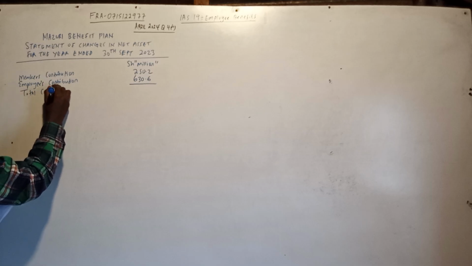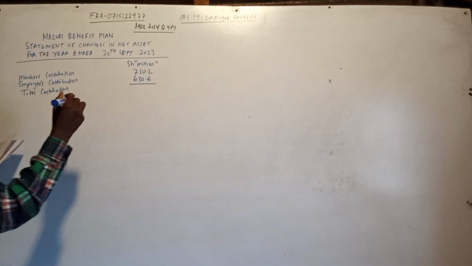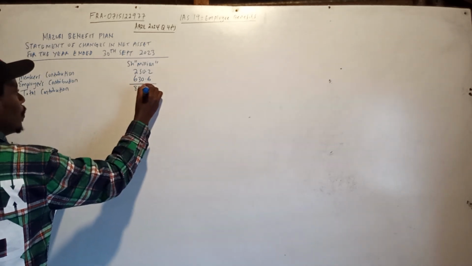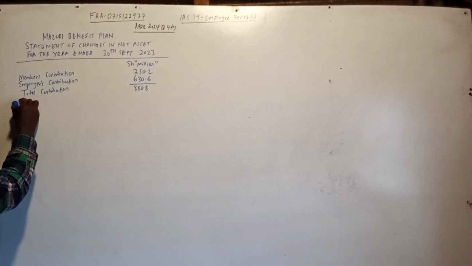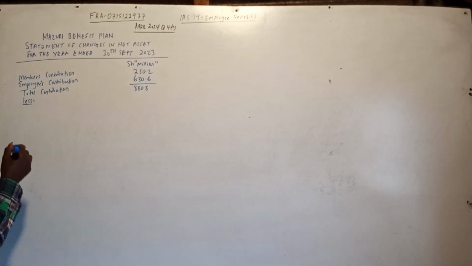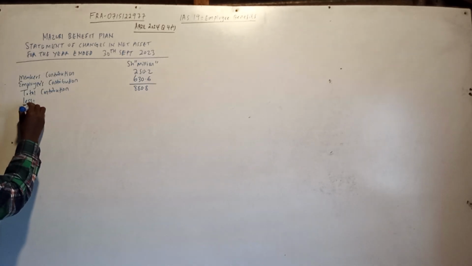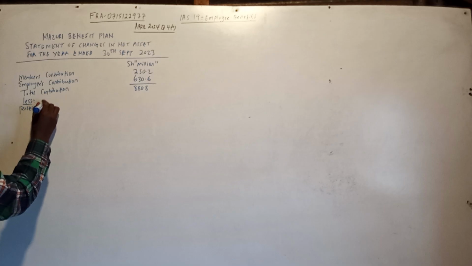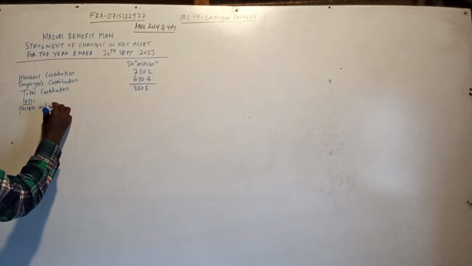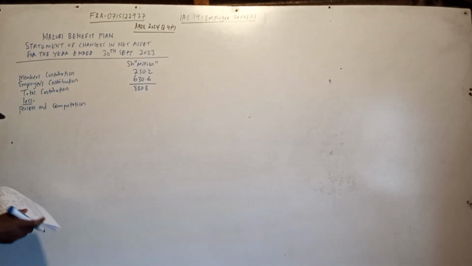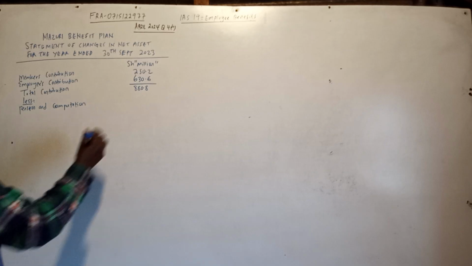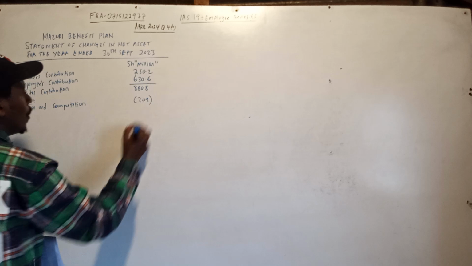Total contribution of how much? 880.8. Then you are supposed to deduct the following amounts. Number 1, we have pension commutation, which is an amount of 209, the last item.